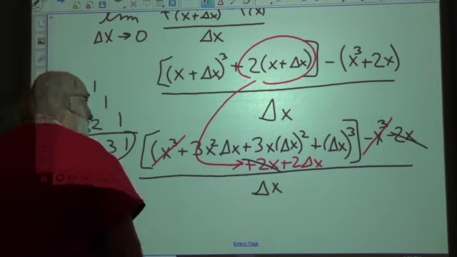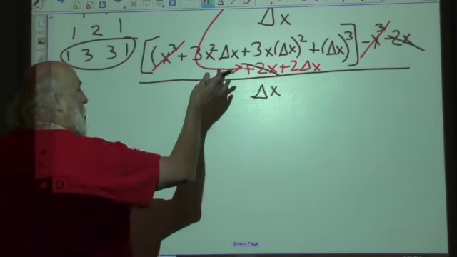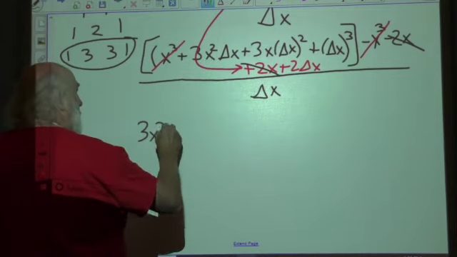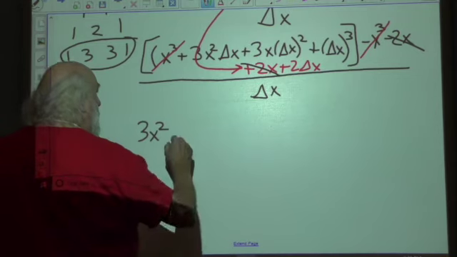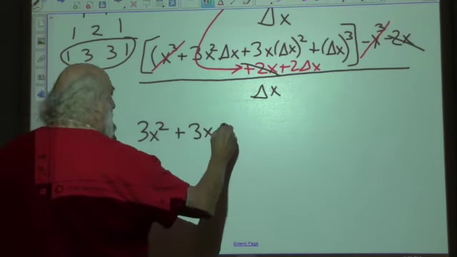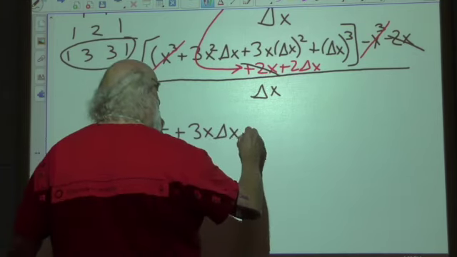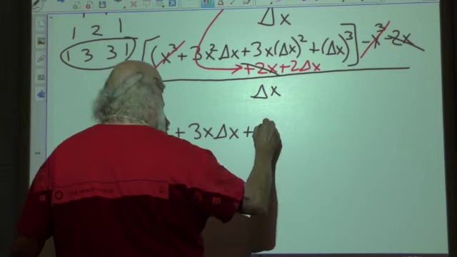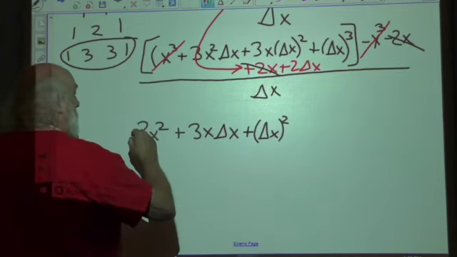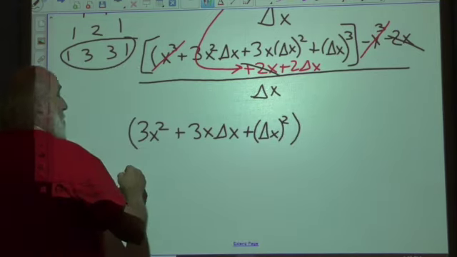Okay. Now, I'm going to factor out a delta x out of everything. So I got 3x squared plus 3x delta x plus (delta x) squared, as I factor out the delta x out of all of that nonsense.